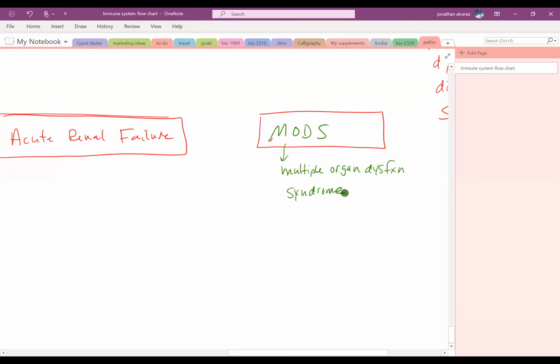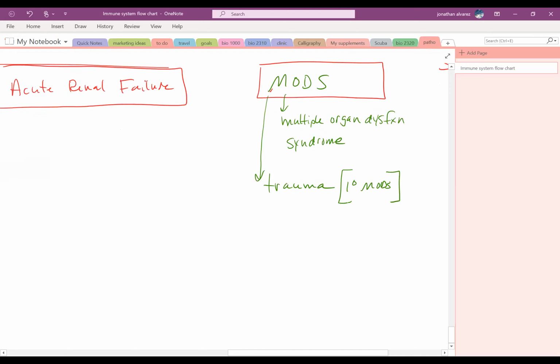MODS usually happens because of trauma. If it's trauma that causes it, that's called primary MODS. If it's because of sepsis, that would be secondary MODS.